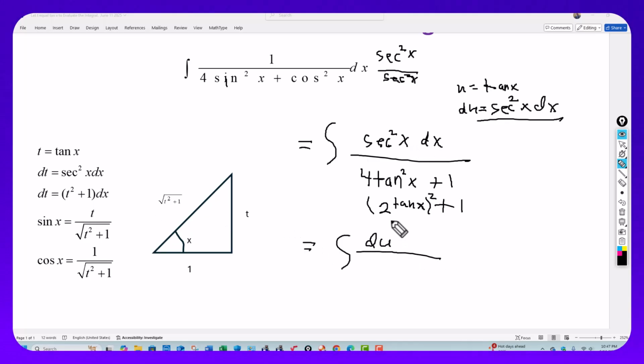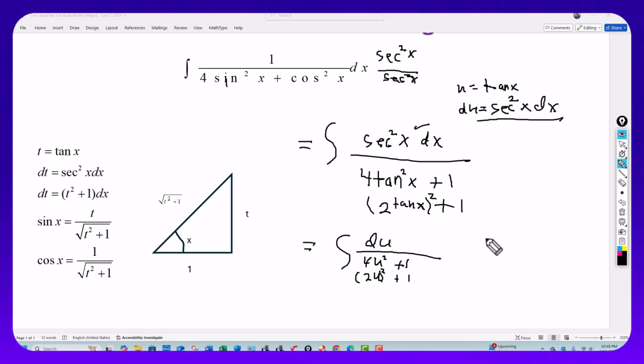Replace this part here with du, and let's write it this way so you can see it a bit clearer. So this will be 4 u squared plus 1. Then the 4u squared can be written as 2u squared plus 1.